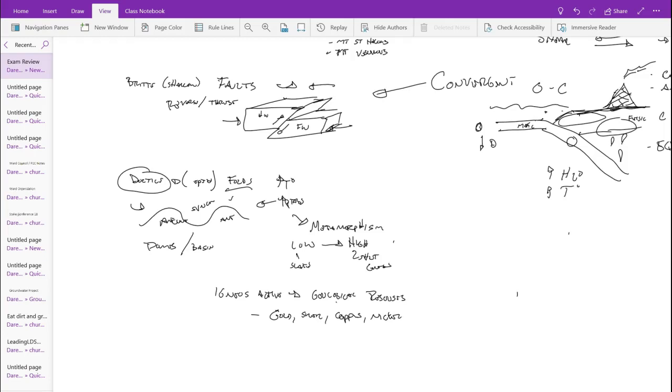So a lot of our precious metals come from areas like these convergent plate boundaries, where we have lots of metamorphic and igneous activity. So realize that these resources are at these localities.